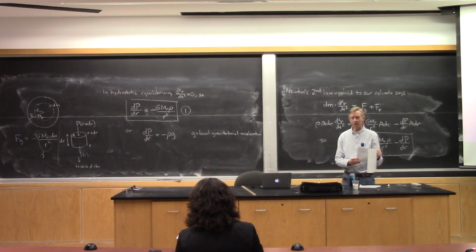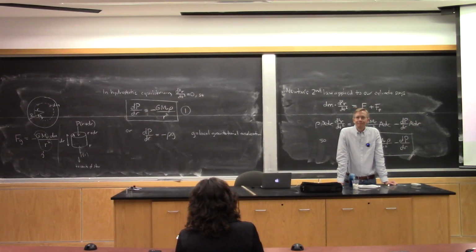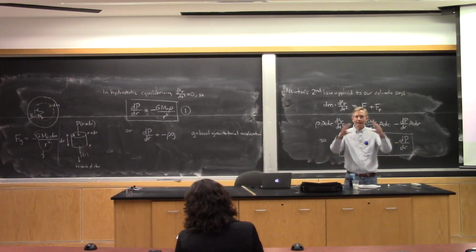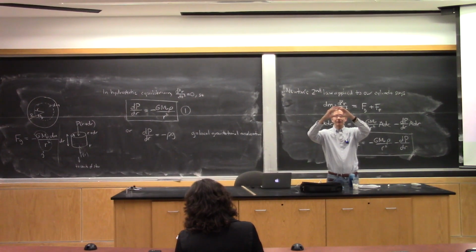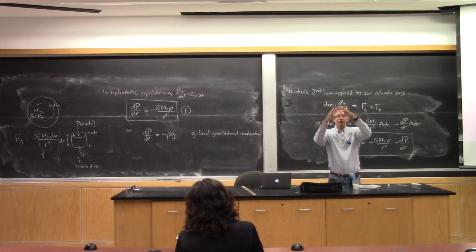Should dP/dr equal minus rho g in this room? Yeah, it does, because in our atmosphere, any little chunk of air weighs something. Does it have mass? So is it pulled on by Earth's gravity?